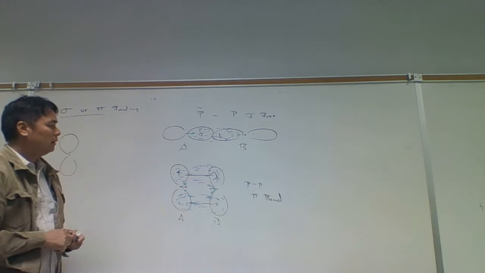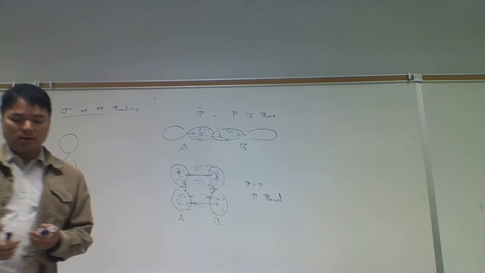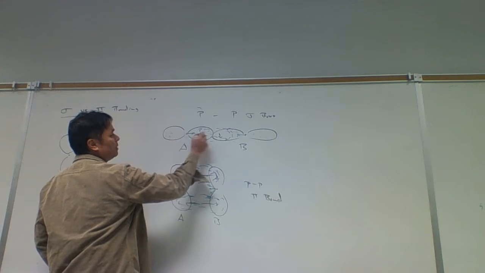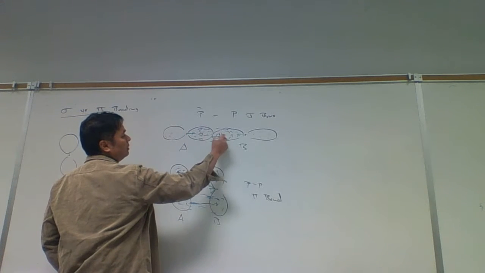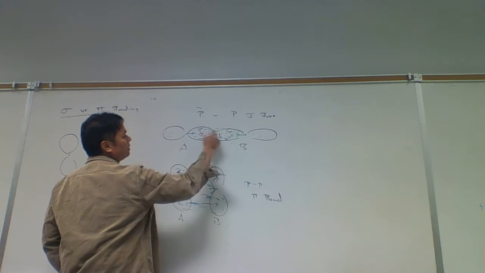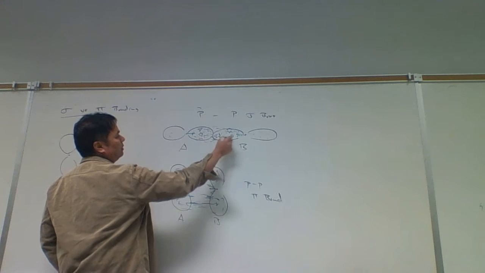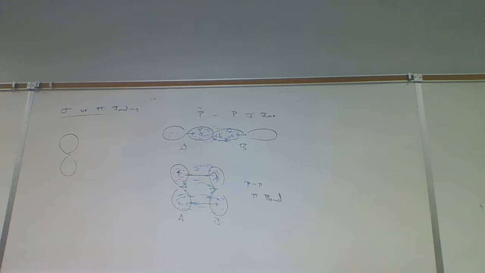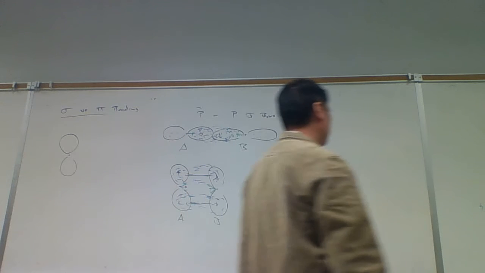It turns out, though, that the sigma bond, because we have two electrons worth of density here, is indeed stronger. We have more concentrated electron density in the internuclear region than outside.